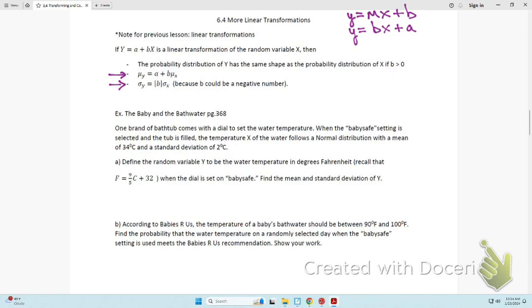And when you get the mean of that function, all you do is plug in the mean of x. So you'll know the slope, you'll know the y-intercept, and you just plug it all in, and you get the mean of y. Be careful with standard deviation. You ignore the constant, all right?